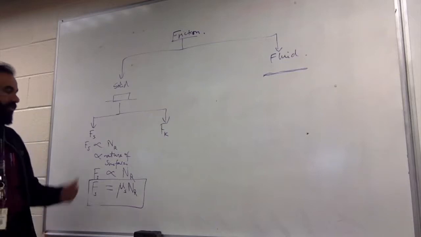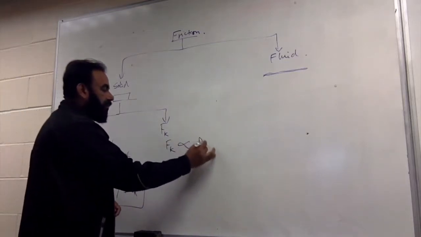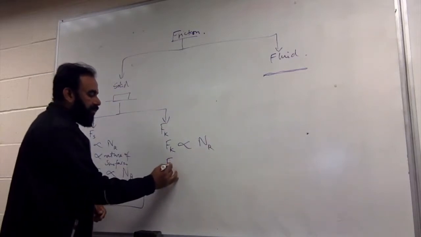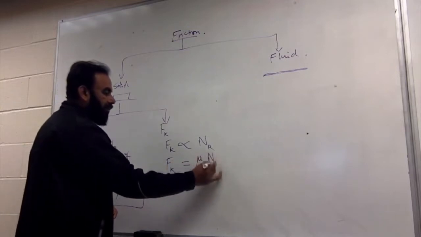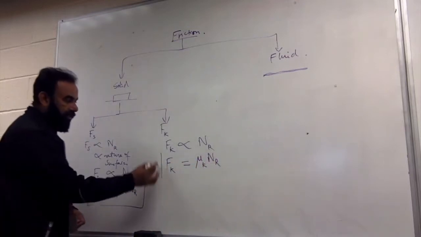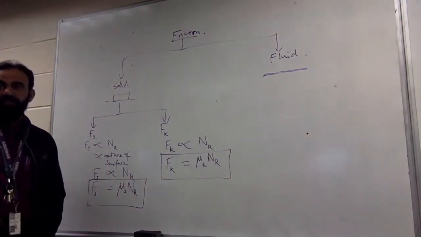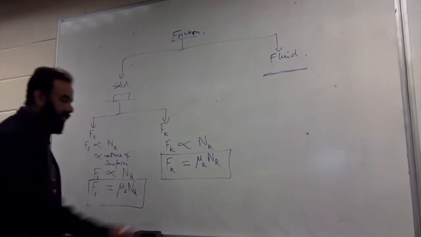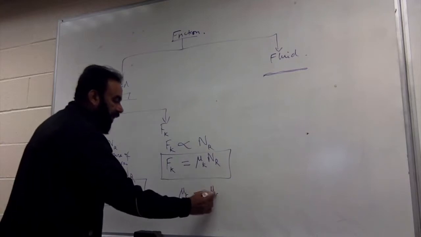Kinetic friction also depends on normal reaction and on the nature of surfaces. So we have mu k times normal reaction. The coefficient of kinetic friction between the book and the table will be smaller than mu s.